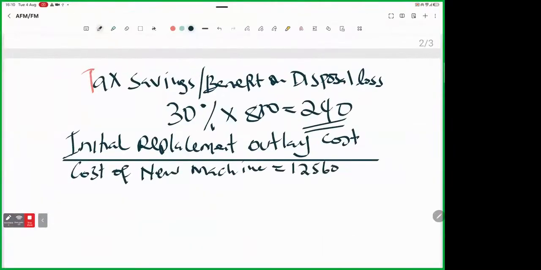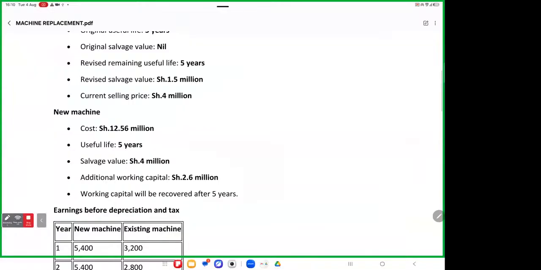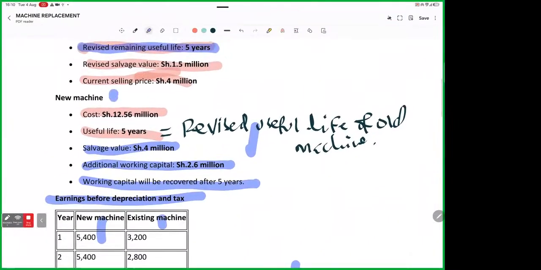12,560. What else am I told? What else am I going to be asked to pay today? If it's the new machine, ladies and gentlemen, they will ask me to give them working capital, because the machine will not be able to work on its own.